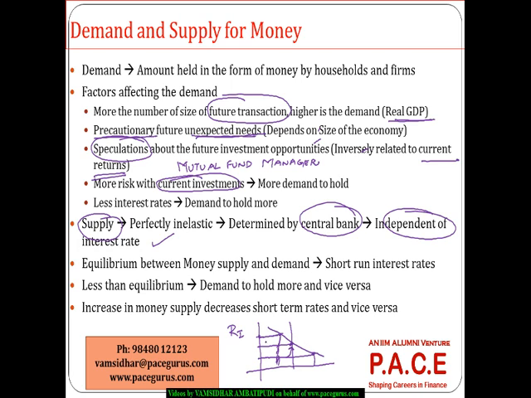So increasing the money supply will decrease the short-term rate, because if I am increasing the money supply, obviously the equilibrium is changed from this to this, and the short-term rates are going down.